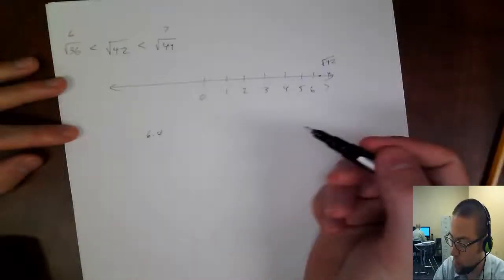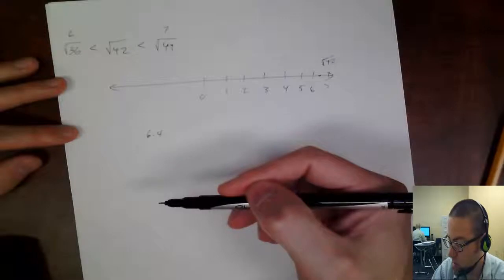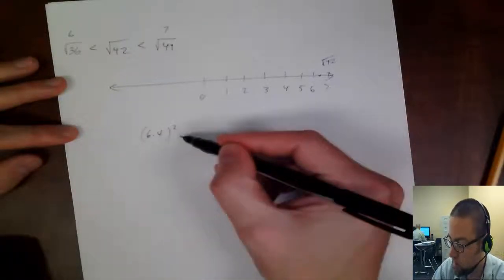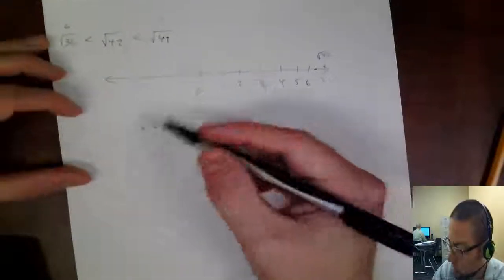So is 6.4 bigger than the square root of 42 or smaller? How do I figure that out? Well, I would just square this and see if I got a number that was bigger than 42 or smaller than 42.